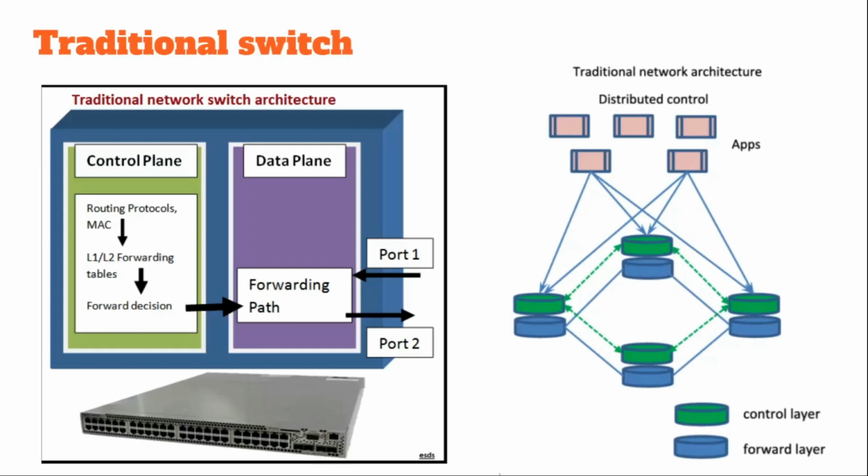So as you can see in a traditional network architecture, every switch has its own intelligence, which is the control layer and the forwarding layer. So the decision making and the intelligence both belong to the specific switch itself. Or here we can say in a traditional network, the intelligence and the decision making capability is distributed to every single switch in the network.